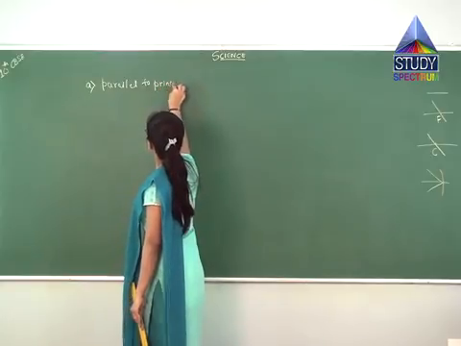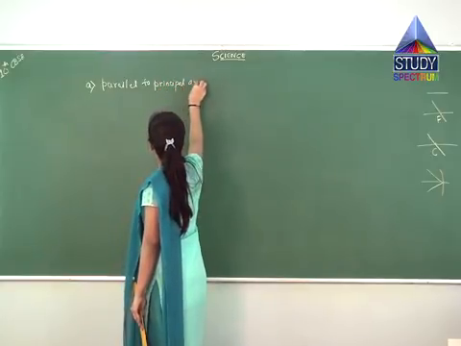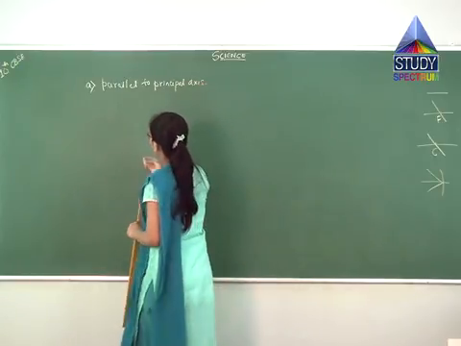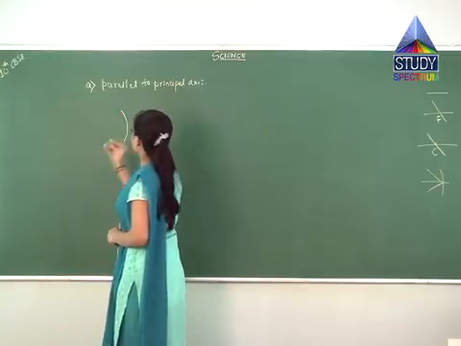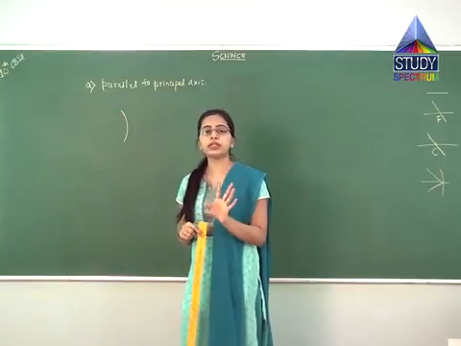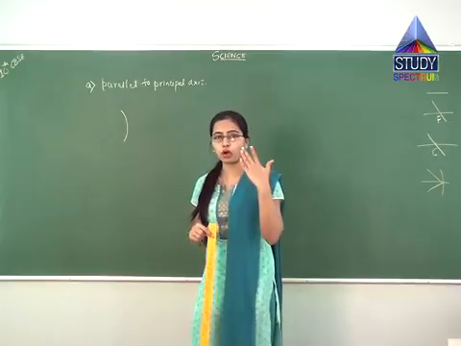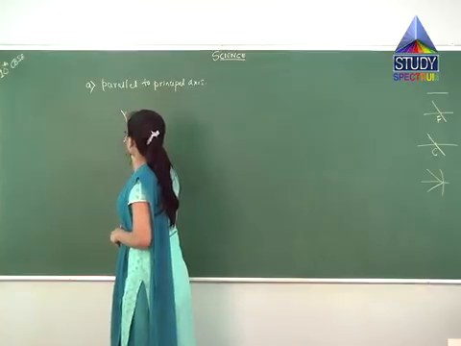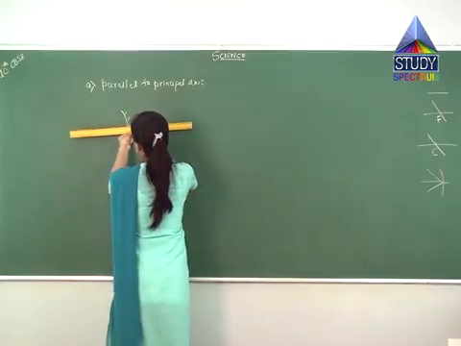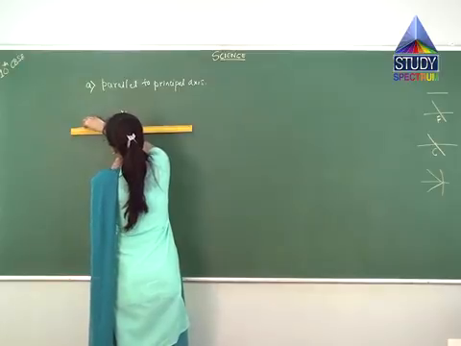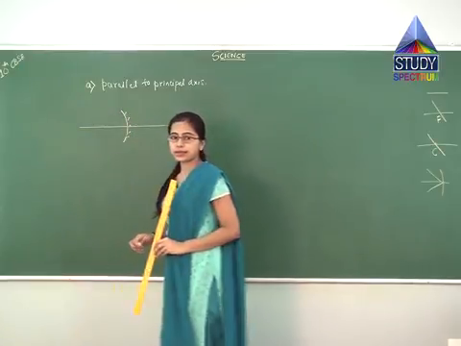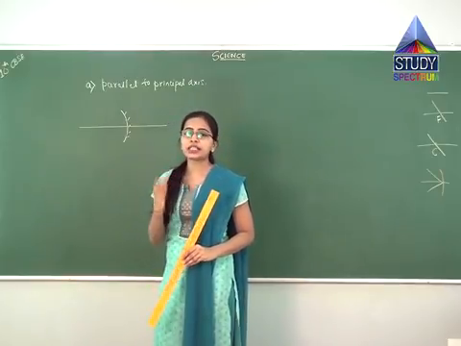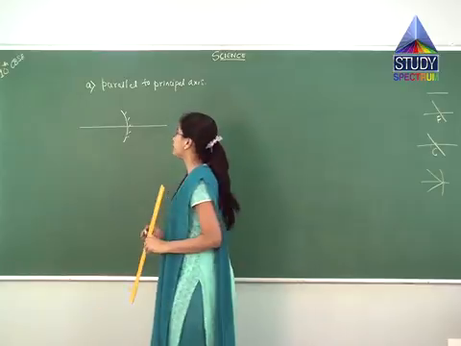We will talk about this for both the mirrors, concave mirror and convex mirror. Firstly, I have my concave mirror. This is the principal axis. Now we are talking about the incident ray which is parallel to the principal axis.